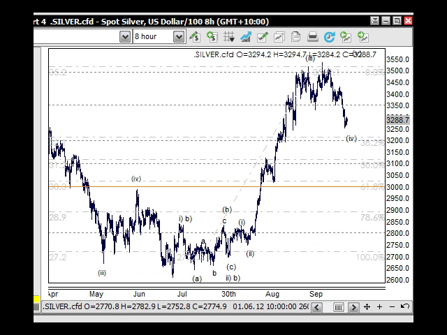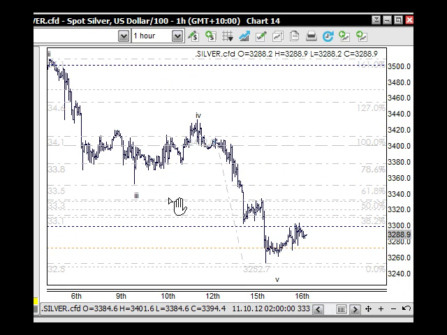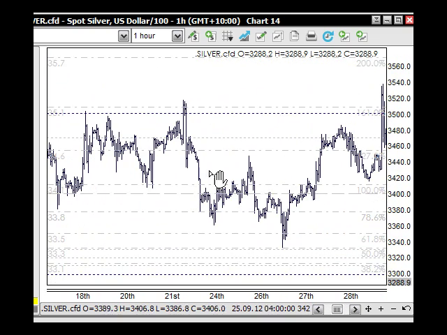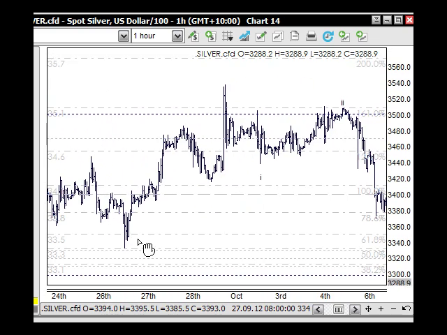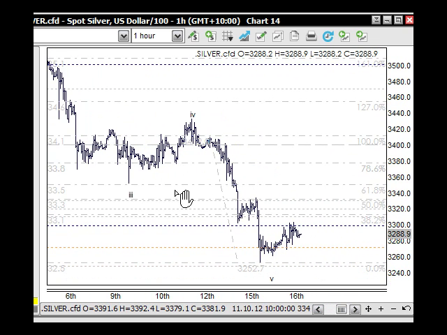If we can just drill into silver a bit more closely here, just bear with me. So with silver as well, we've been looking for a 5-wave structure to the downside. We've been looking at it in terms of an A wave, a B wave, and a C wave to the downside. And the C wave was the wave 1, the wave 2, the wave 3, the wave 4, and we're looking at the wave 5 coming down through here.